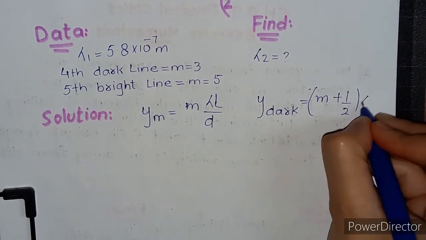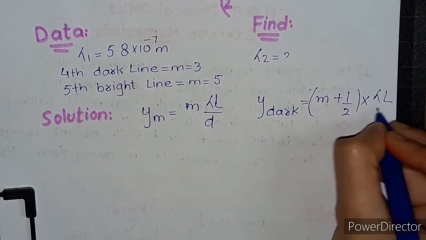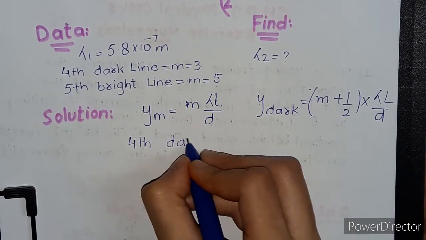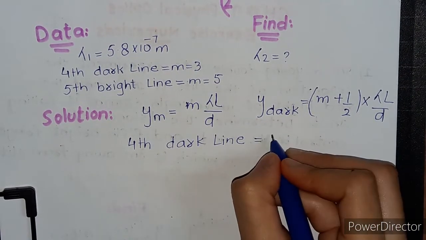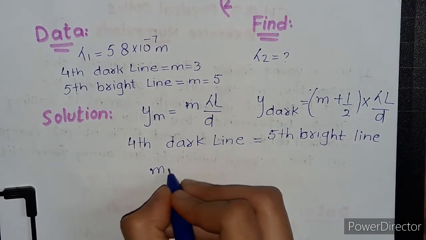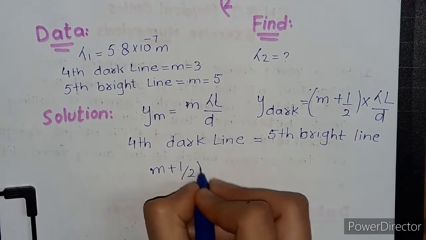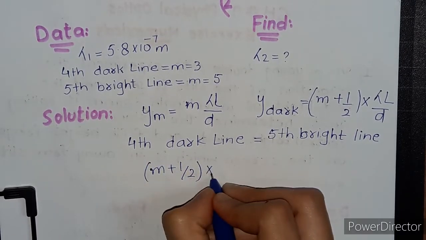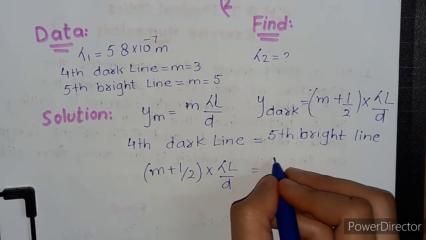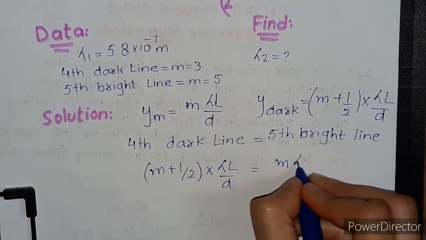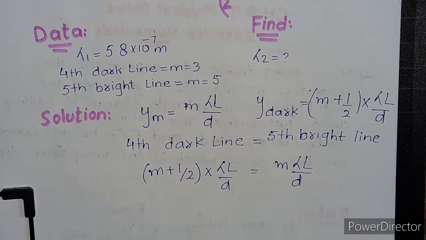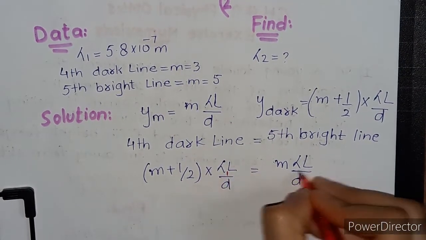into lambda L divided by D. The fourth dark line is equal to the fifth bright line. Now for dark, (m + 1/2) into lambda L divided by D, and for the bright, m lambda L divided by D. Here the lambda value would be lambda 1 and here lambda 2.